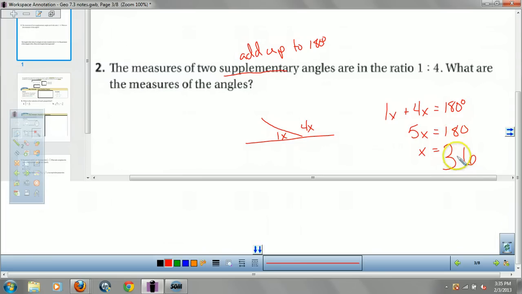So now we take this 36. This one's going to be 36 degrees. And this guy is going to be 4 times 36, which is 144 degrees. Okay? So that's all there was to it. We pretty much throw an x in there, add them together, set equal to 180. Okay?